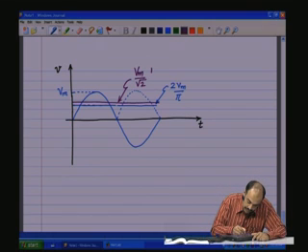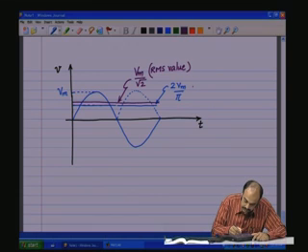So, this is the RMS value, and this is the average value of the full wave rectified waveform.